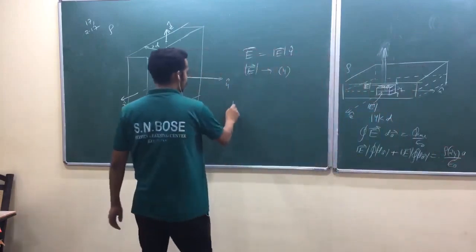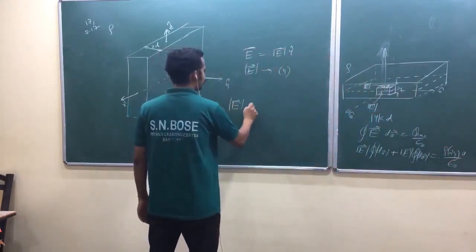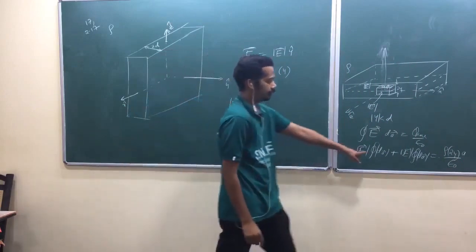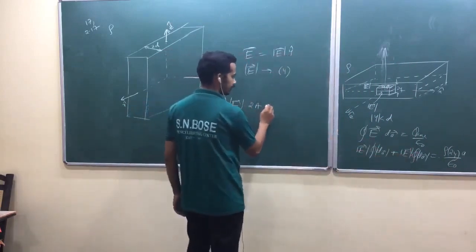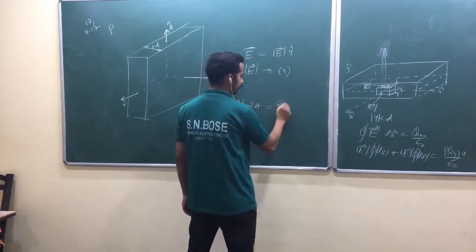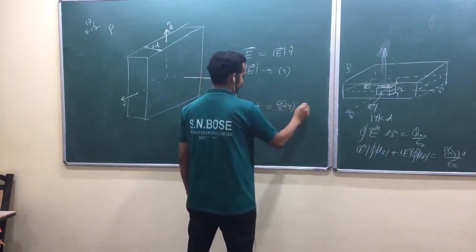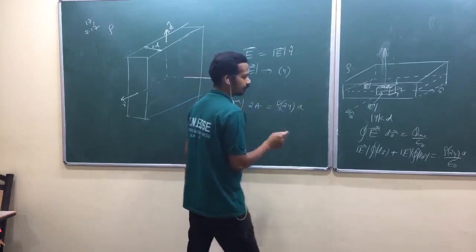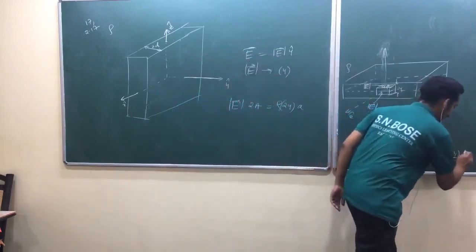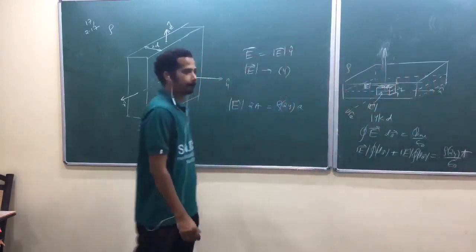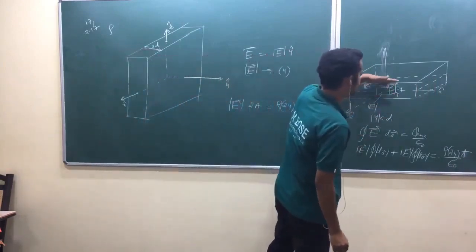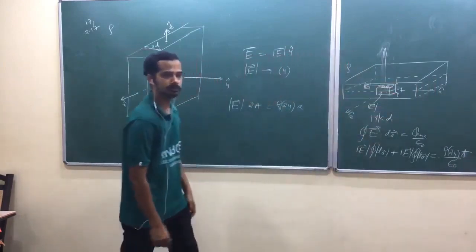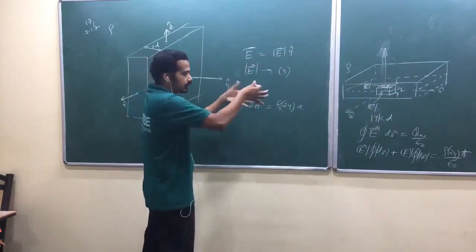So electric field into 2A, am I right? Check it out: the electric field is the same in the above surface as well as the below surface. So that is equal to rho into 2Y into A. Why does this A come? Area. So 2Y into this area gives the volume, that is the charge enclosed within that.